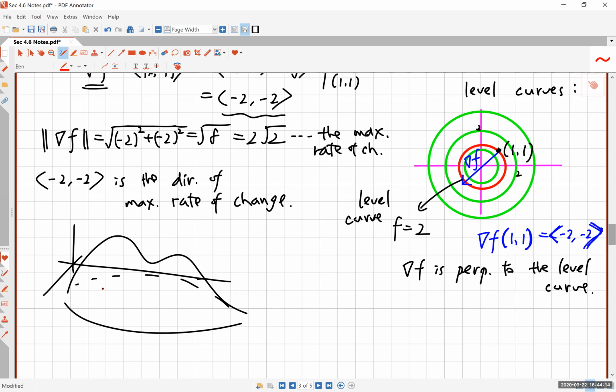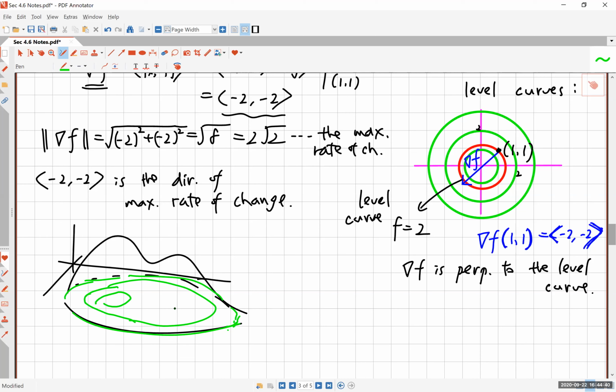If you are to draw some level curves here, and by the way, level curves are sometimes drawn on the surface itself, but typically they are drawn on the plane, which is part of the domain, right?